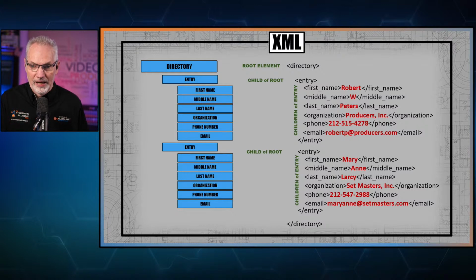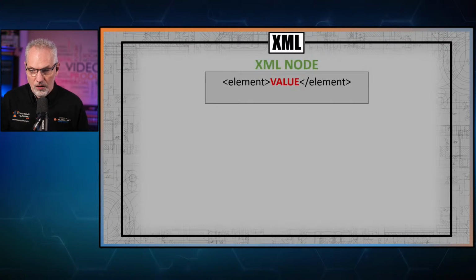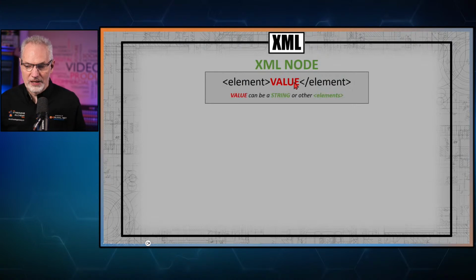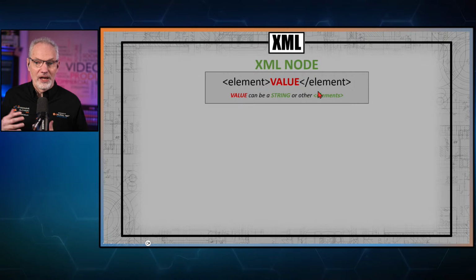Now, there's a few more things that are important. What I mentioned is we have elements. And an element can have a value between them. And that value, to be clear, can either be a string. In XML land, everything is text. So there aren't different data types inside of the XML itself. Everything is a string. So you can either have that be a pure string, or it can be other elements.